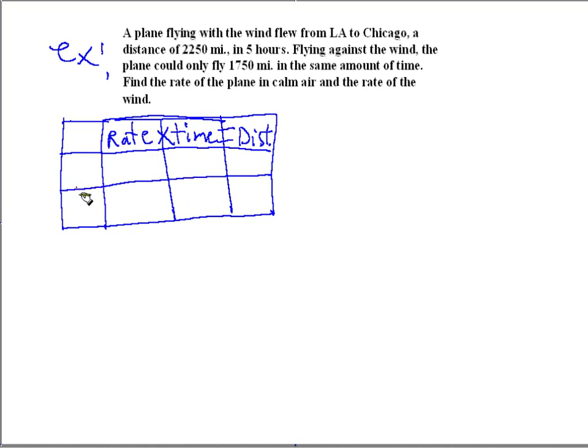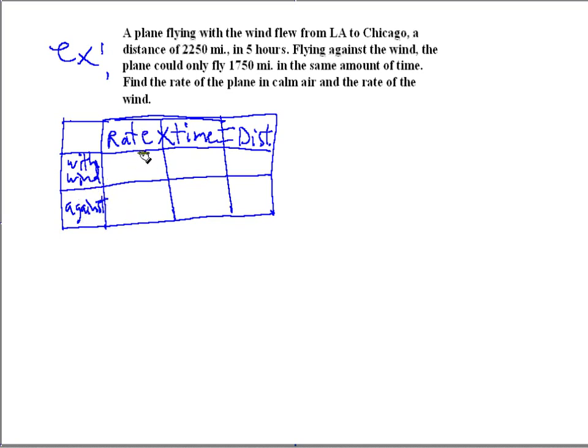What goes into these two boxes? For these types of problems, it's your two situations. We have a plane flying with the wind, and we have it flying against the wind. So two situations: with the wind, against the wind.